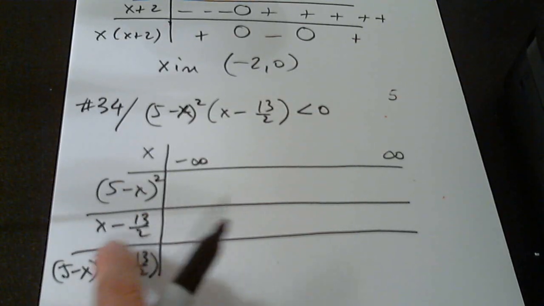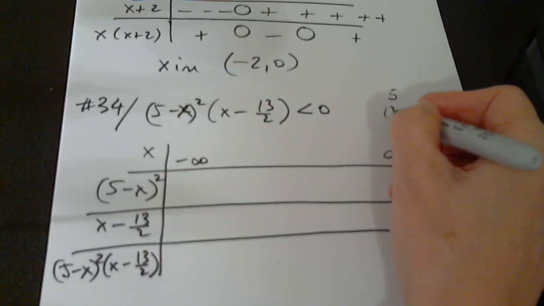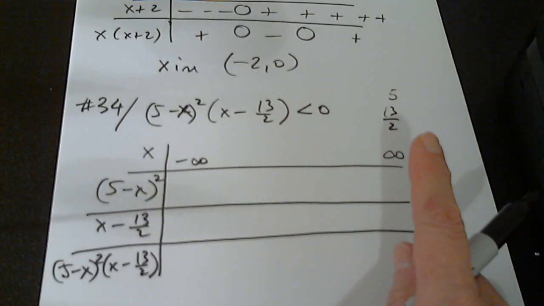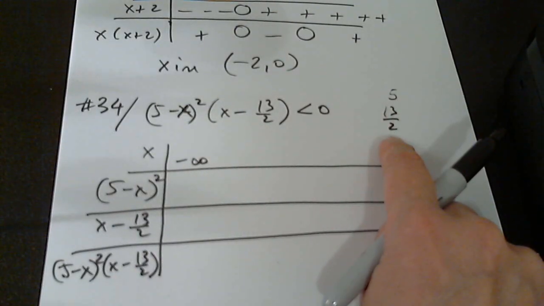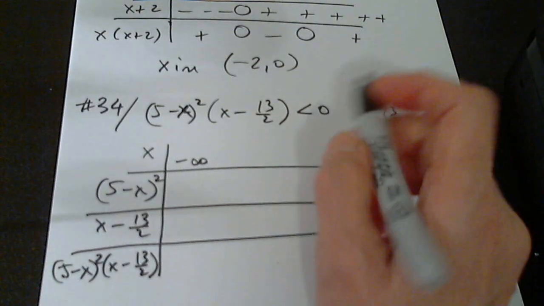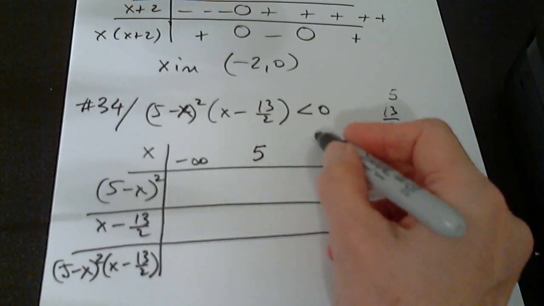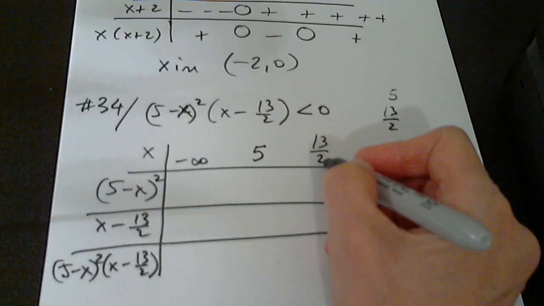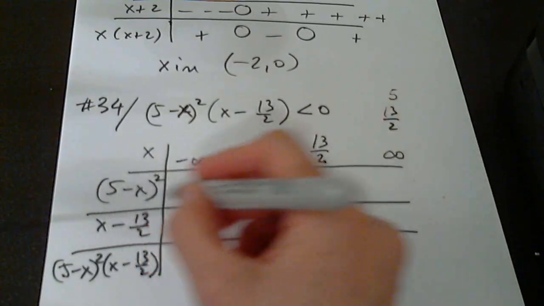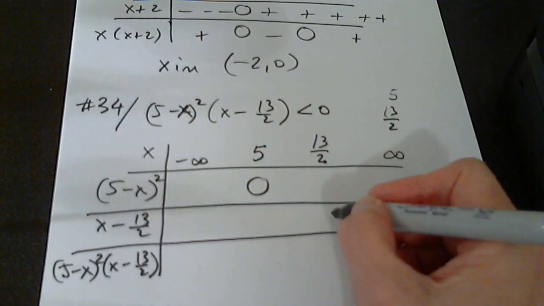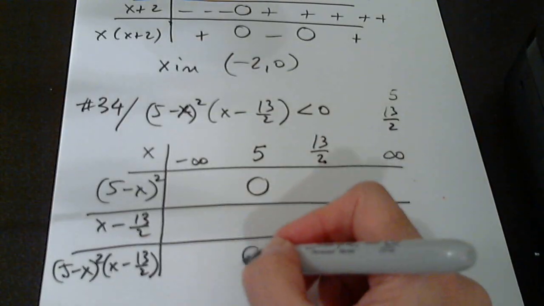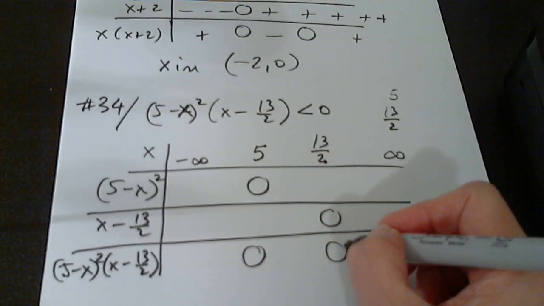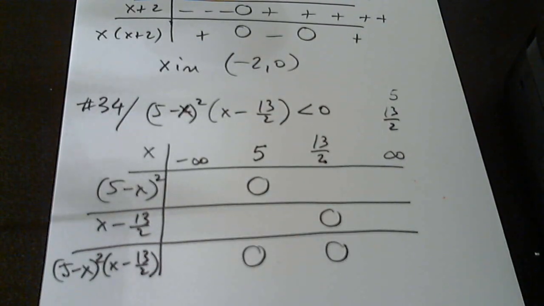The same thing, 13 halves, right? Now I have to be careful because 13 halves is 6.5 and this is 5. So I have to put 5 first and then 13 halves follow. Careful. This is 0, this is 0, this is 0, this is 0. Because if either factor is 0, the product will be 0.